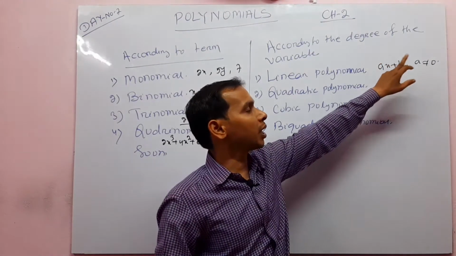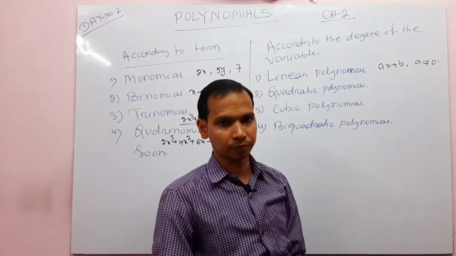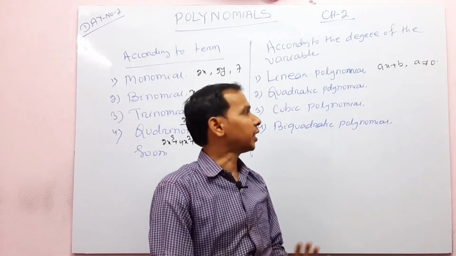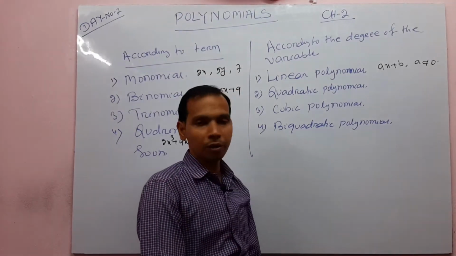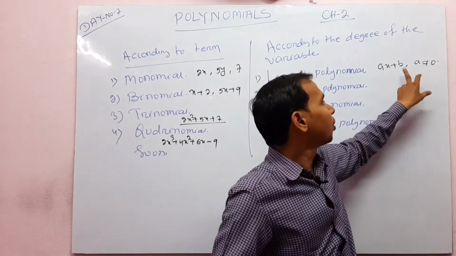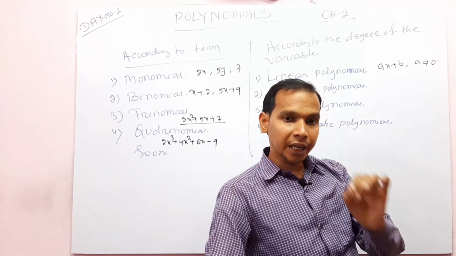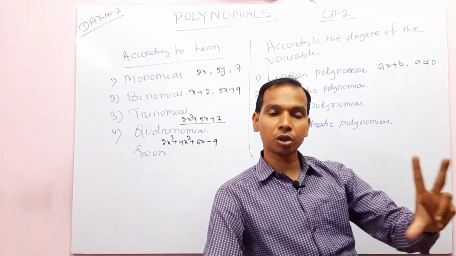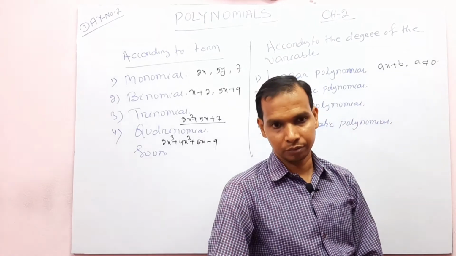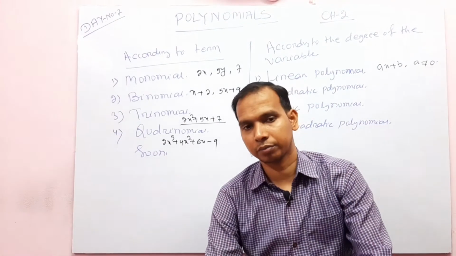The polynomial in which the maximum power of the variable is 1 is known as a linear polynomial, and its standard form is ax plus b where a is not equal to 0.